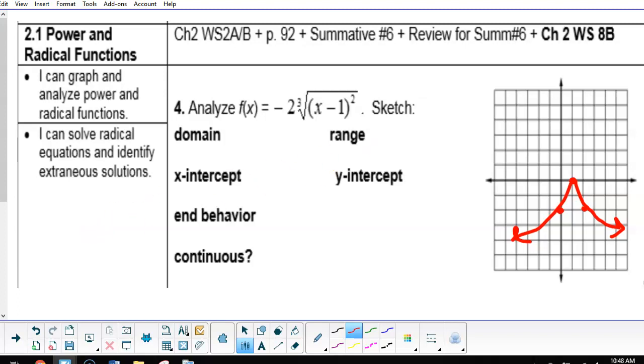Okay, domain and range, left to right interval notation. Okay, range, bottom to top interval notation. -infinity to 0. Good job. Everybody good?